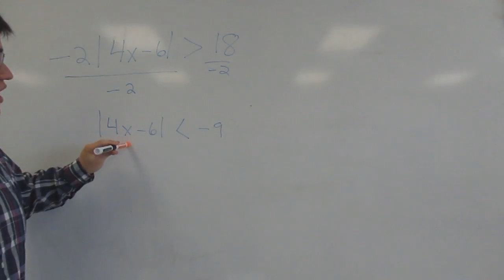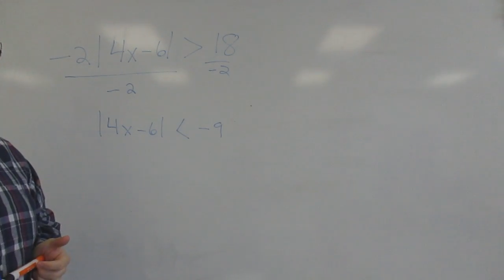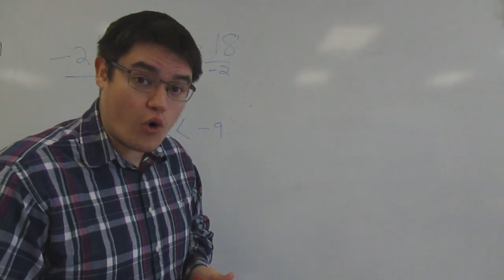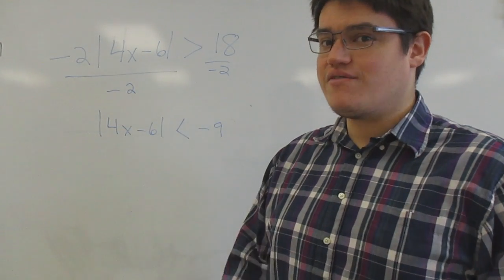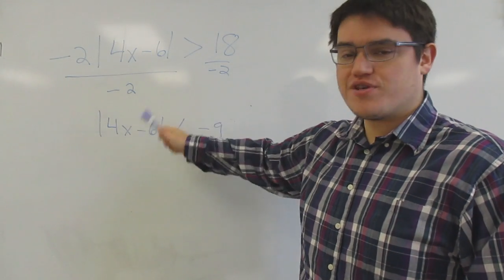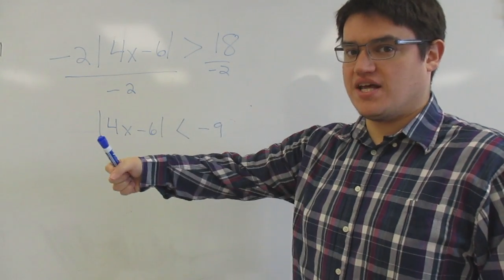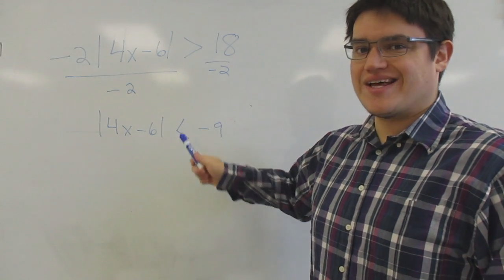You're taking the absolute value of something, and you want to get a number that's less than negative 9. Well, we remember from before that when you take the absolute value of anything, you get a positive number. So how can you take the absolute value of a number, make it positive, because that's what the absolute value does, and that number is less than negative 9?